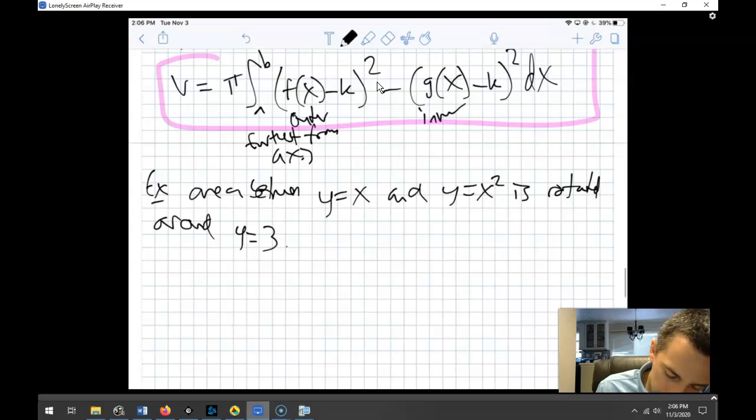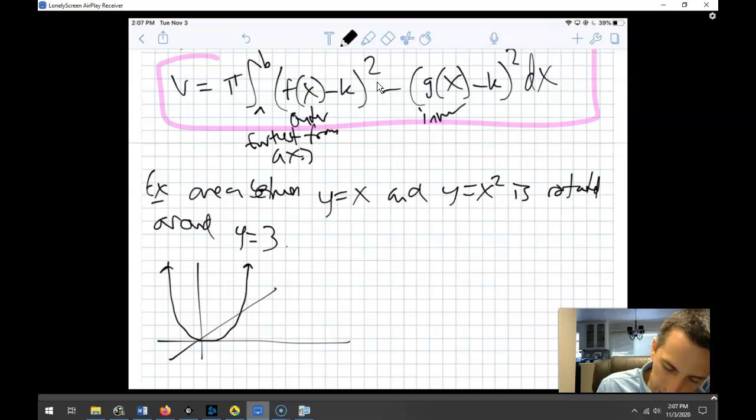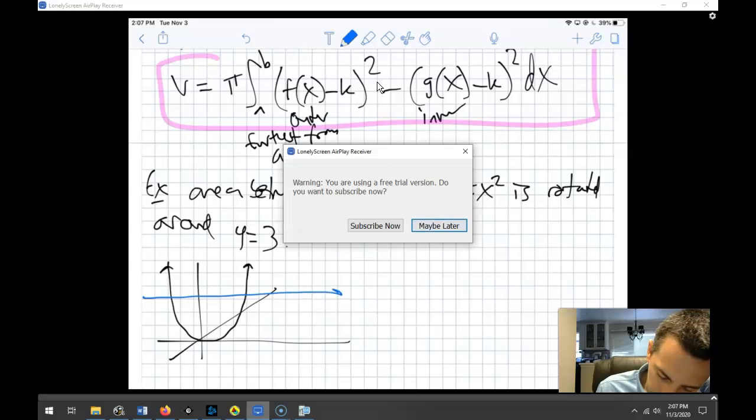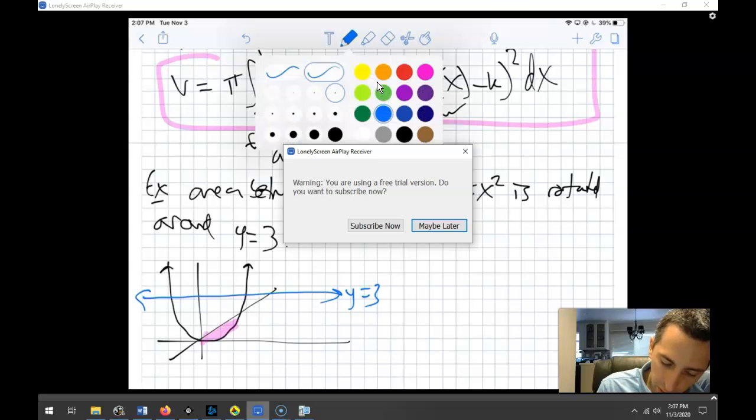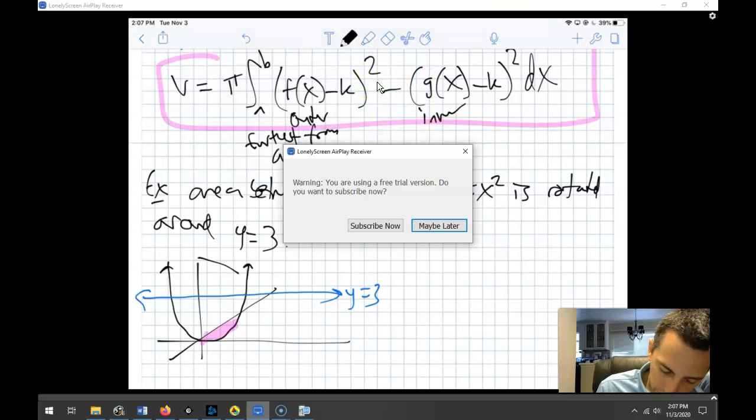So graphically, what's going on here is you have y equals x, you have y equals x squared. We're rotating it around the line y equals 3, but y equals 3 is actually above that. So this is the line y equals 3. So our region is in here, but this region is being rotated around the blue line. Okay, so it's being rotated and going around in a circle like that.